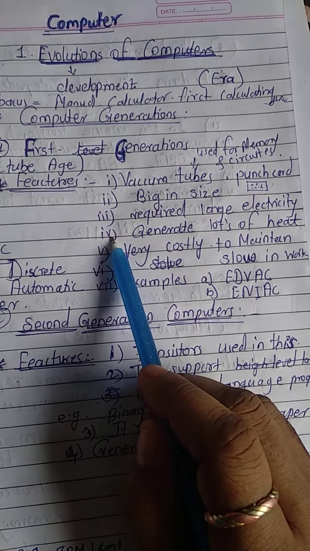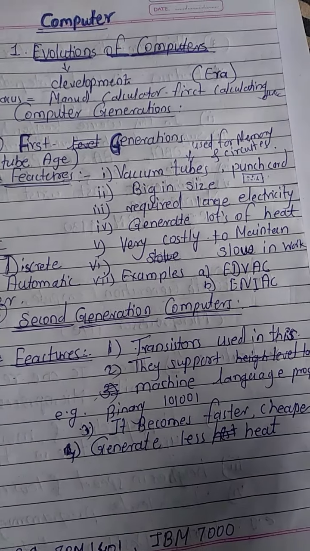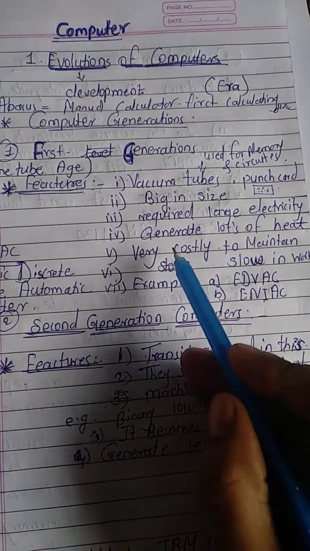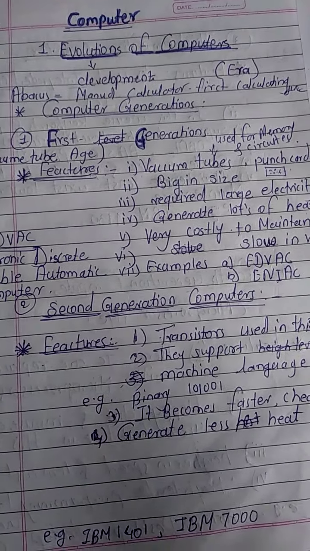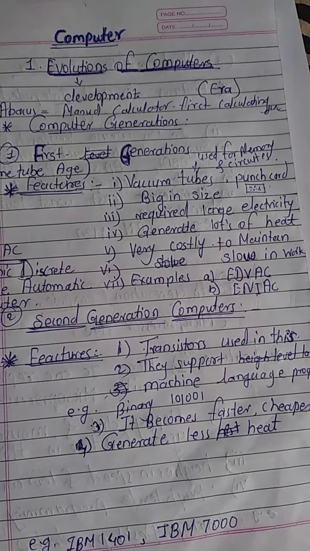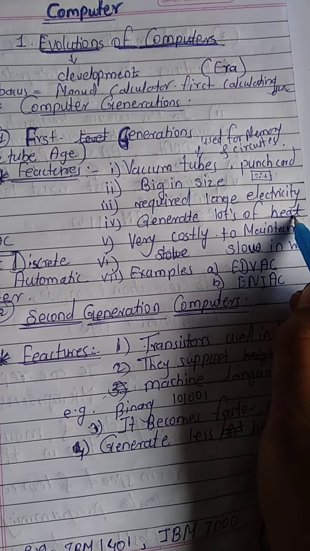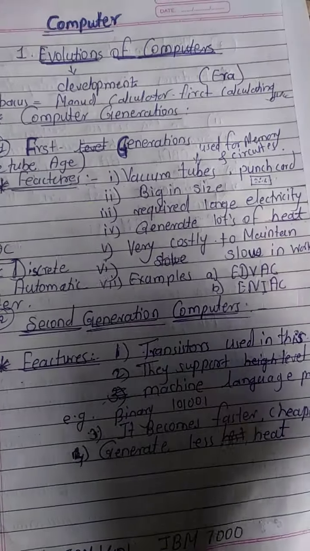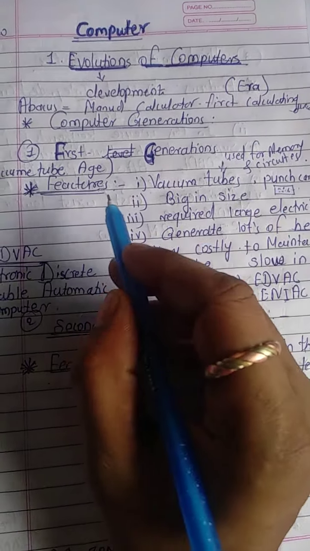Next feature we are going to see: if they require large electricity, then they generate lots of heat. What do they generate? Lots of heat. Due to lots of heat, the machine many times will be damaged, and we have to replace many parts of that type of computer machine.